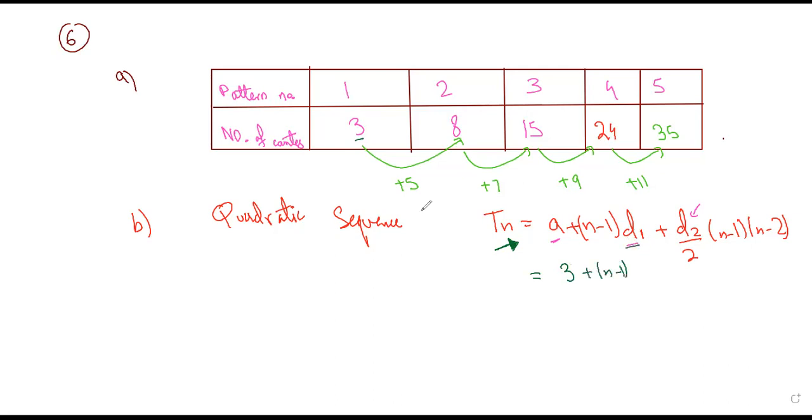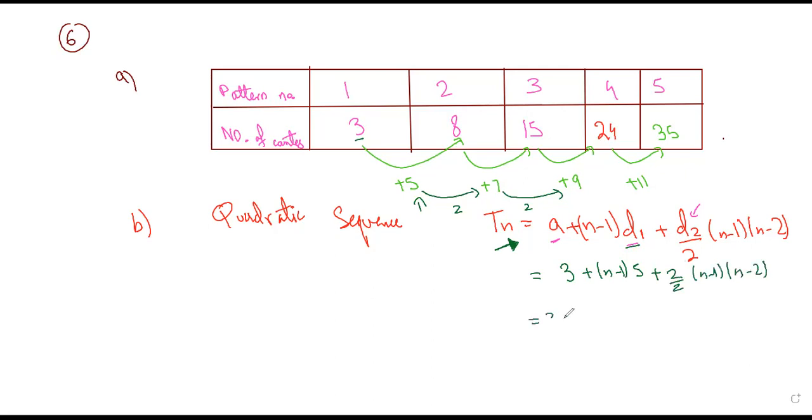First difference is 5, plus d2. The fixed difference between the consecutive differences is 2, by 2. N minus 1, n minus 2.